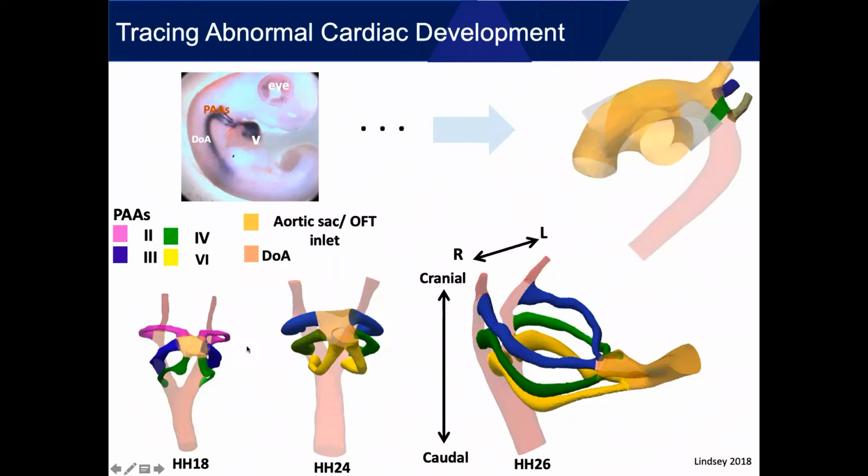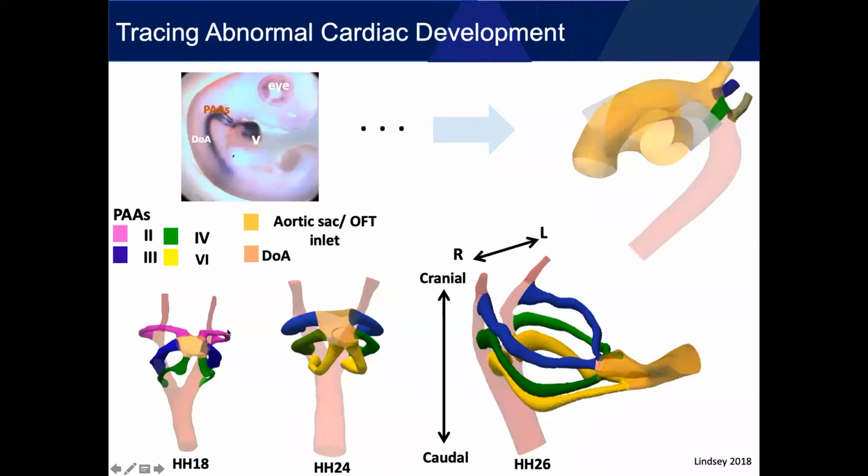And so of note from the HH18 to the HH24 is that you have this arch artery 2, this 2 pair is regressing, and then the 6 grows in for HH24, and this 3, 4, 6 pair, this is what will mature into the great vessels.